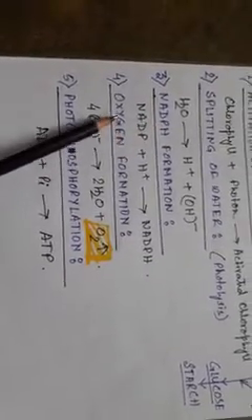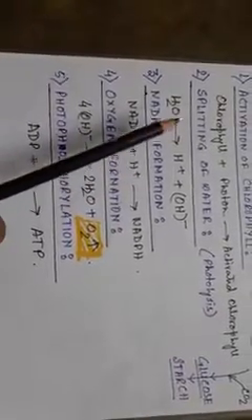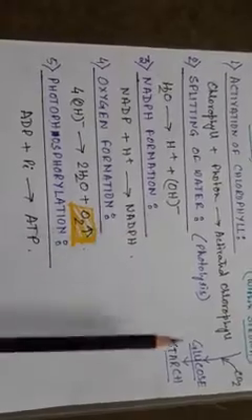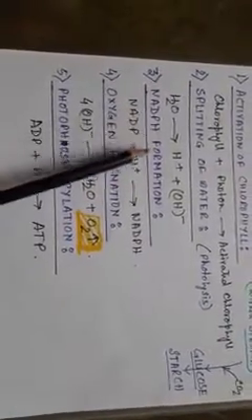That NADP combines with the H plus that comes out after splitting of the water molecule, and forms NADPH2. It is stored and will be used in the dark phase. This phase is called NADPH formation, or NADPH2 formation.